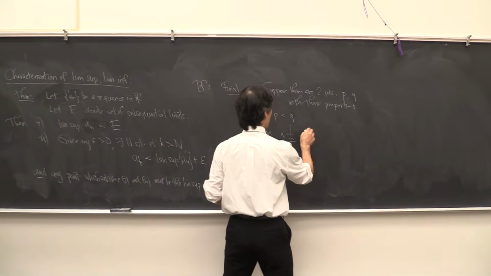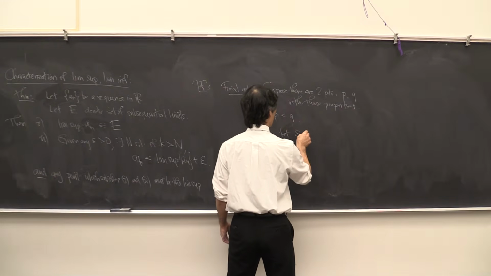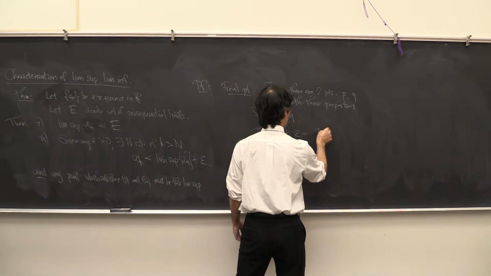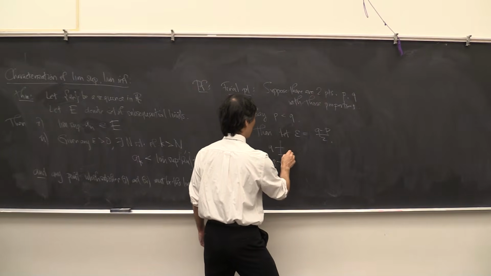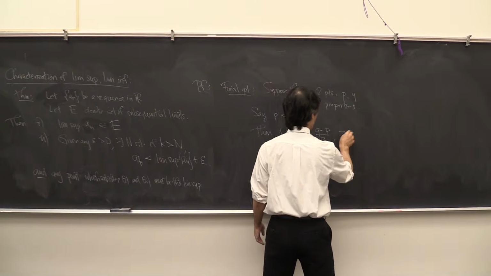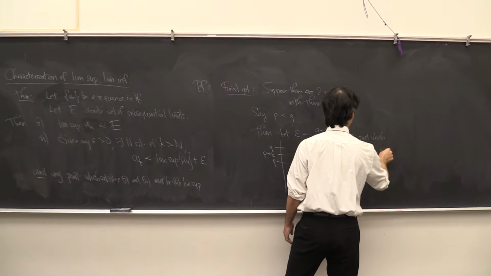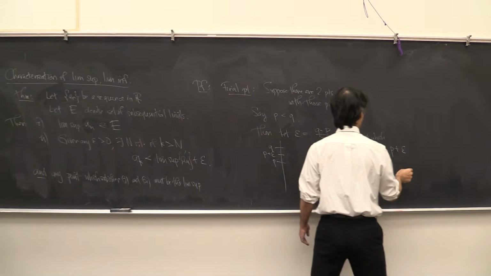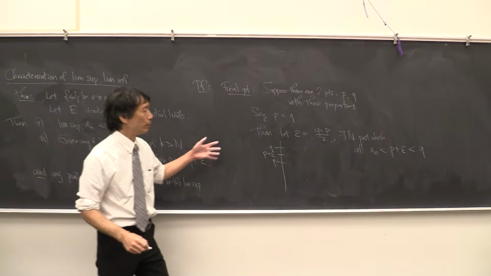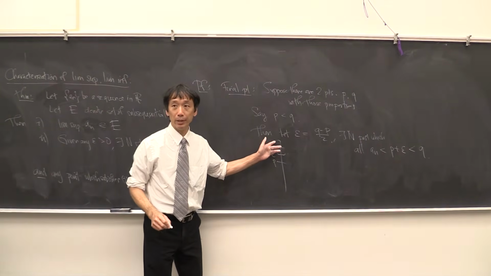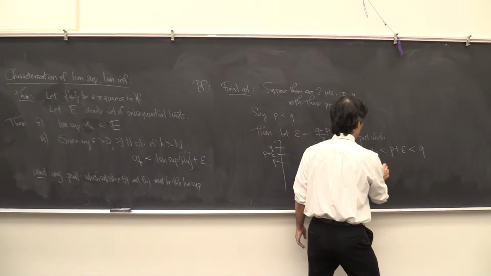So if you let epsilon be Q minus P over 2, P plus epsilon, we know that there exists a time past which all a sub n would be smaller than P plus epsilon, which is smaller than Q. So you'd be staying out of this epsilon neighborhood of Q past that point, and so Q is not a subsequential limit.